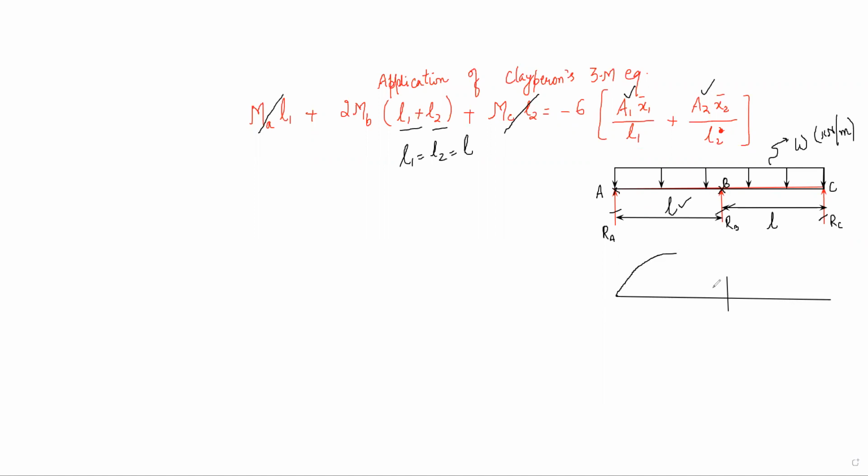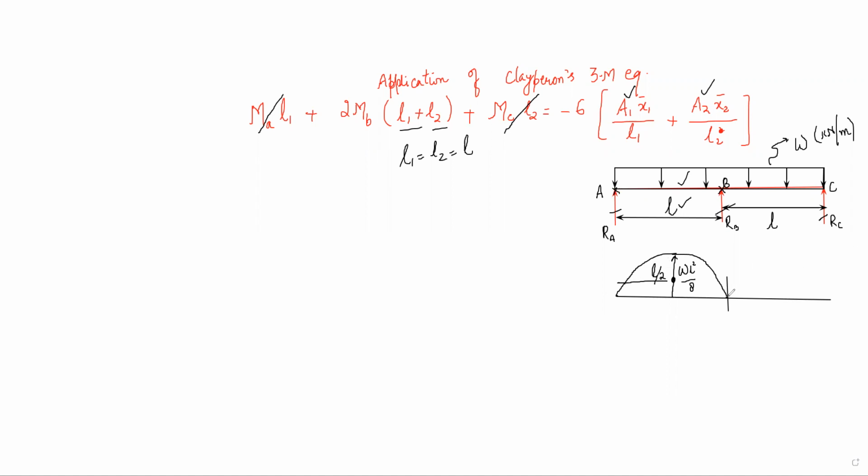Therefore, it will have a parabolic curve. This is the free bending moment diagram for a simply supported beam with a uniformly distributed load, such that the maximum moment is WL square divided by 8, and its centroid is at a distance L by 2 from the left end.